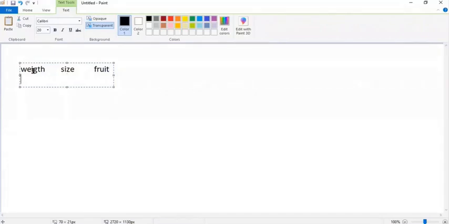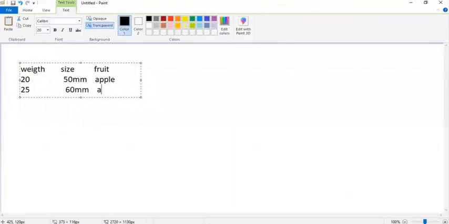So here weight is 20 grams, size is like 50 millimeters, and I consider it as apple, let's suppose. Okay. Now, weight is 25 grams, size is 60 millimeters. I consider it as apple, let's suppose.